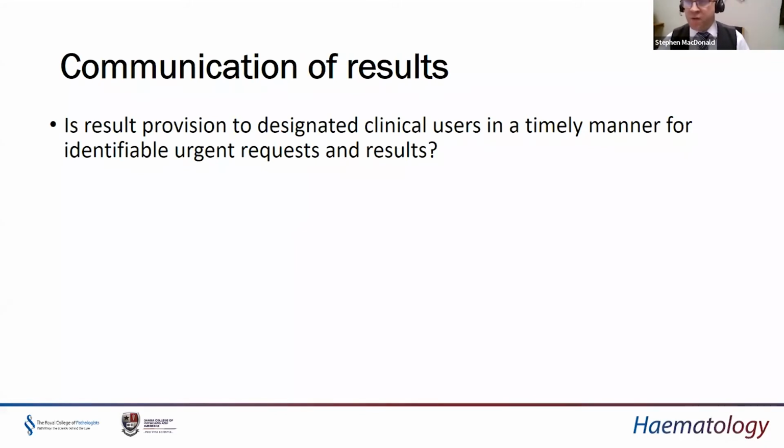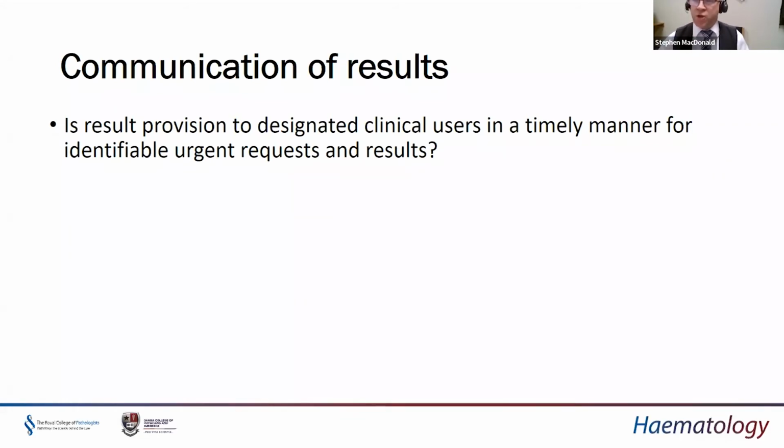In order to achieve that, we need to know we can't phone every result. So things like reference ranges, reference intervals, and clinical cutoffs will determine what is an expected result in given populations of patients. Anything that is massively different from that, where we think it will instigate a clinical intervention, we need to have a way of communicating that, be it by phone, messaging, or whatever.